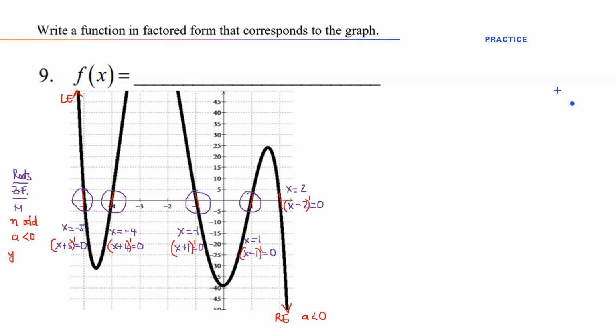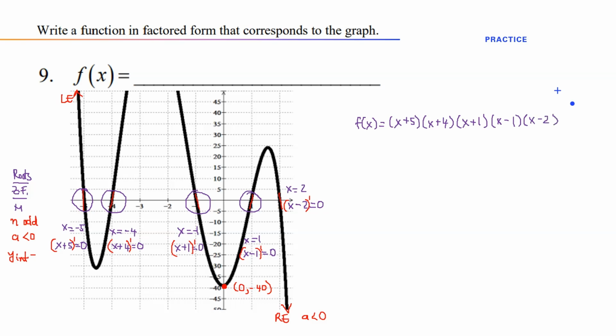Then we check for the y-intercept. This one should be here, (0, -40). Now we rewrite f of x. So we have f of x equals x plus 5 times x plus 4 times x plus 1 times x minus 1 times x minus 2.